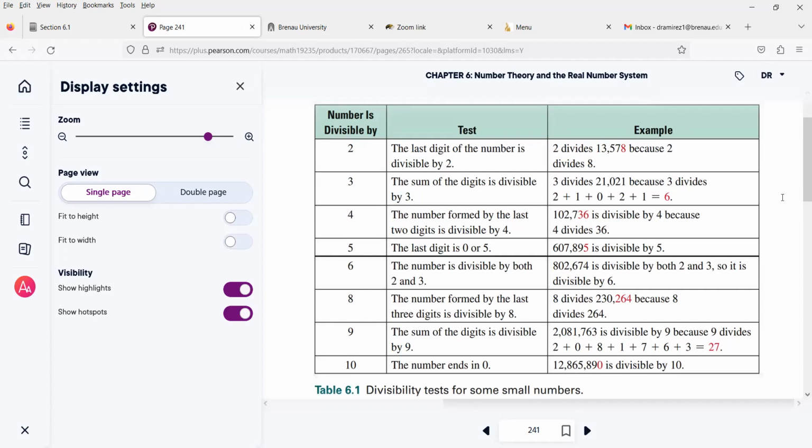A number is divisible by 9 if the sum of the digits is divisible by 9. Like 2,081,763 is divisible by 9 because the sum of the digits is 27, and 27 is divisible by 9. And probably the easiest one, a number is divisible by 10 if the number ends in 0.